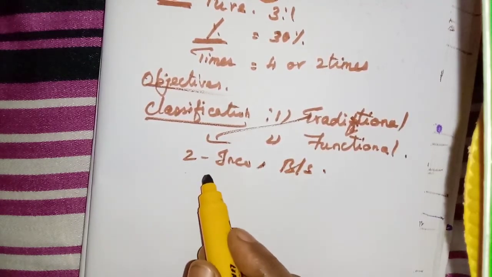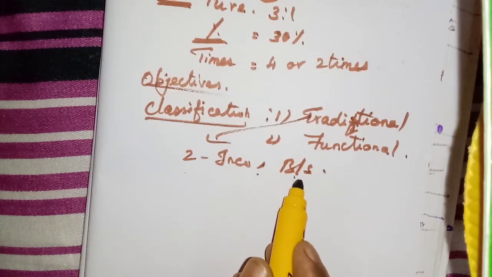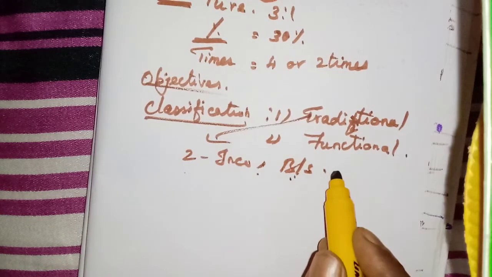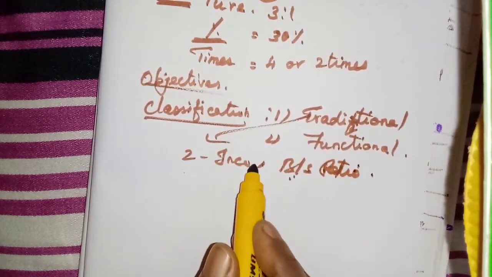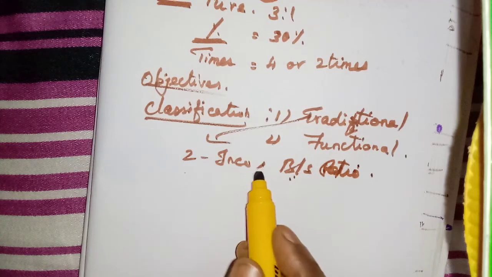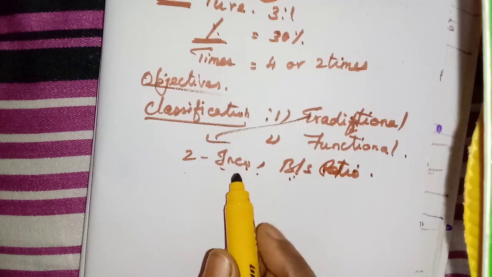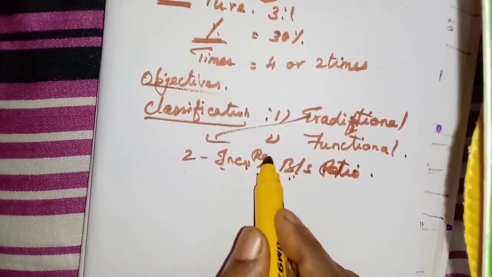So here, if we compare the items among the items in the balance sheet, then it is called balance sheet ratio. Then if the items in the income statement are analyzed and compared, that is called income statement ratio.